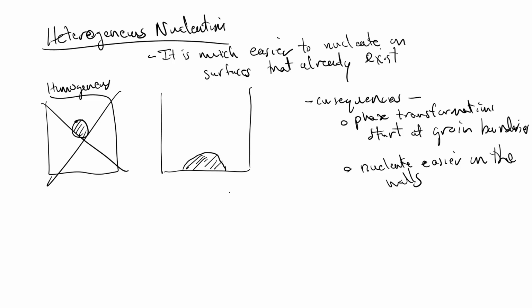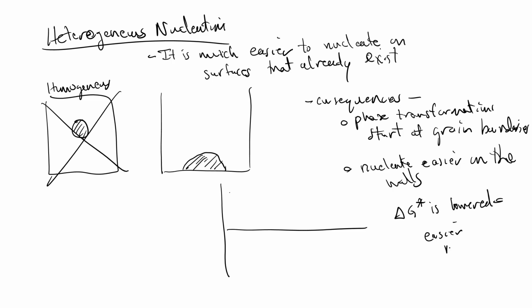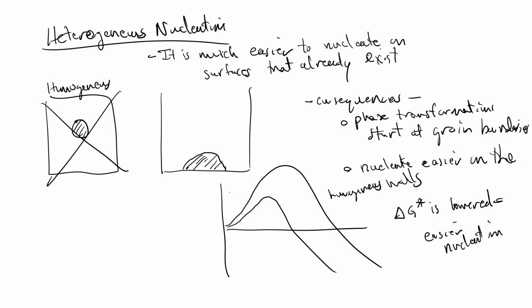In fact, there are some figures from your book that show delta G star is lowered. That means easier nucleation. So instead of having a figure that looks like this for homogeneous nucleation, I get a figure that looks like this. And this is important in two ways.